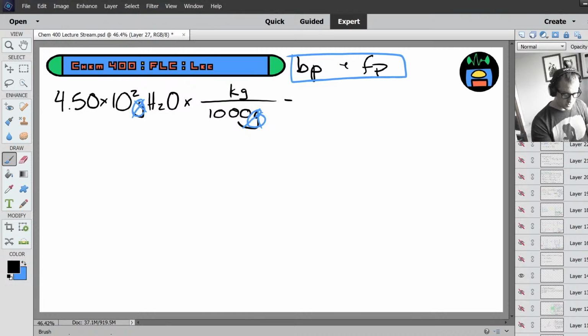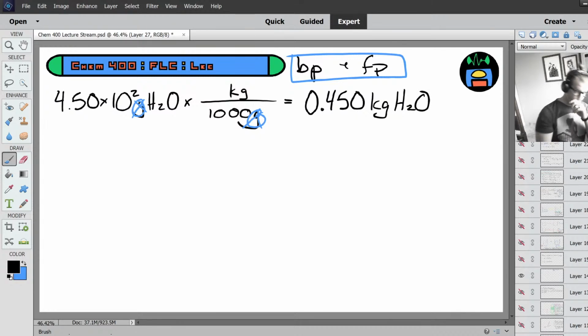And this equals 0.450 kilograms of H2O. So that's our mass of water, of solvent, in kilograms.